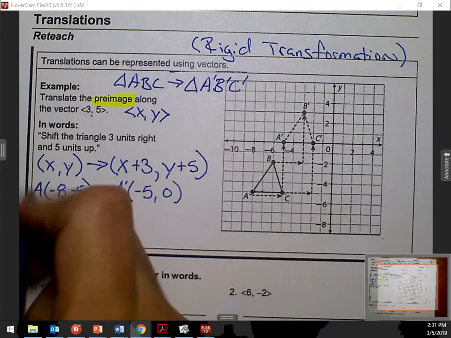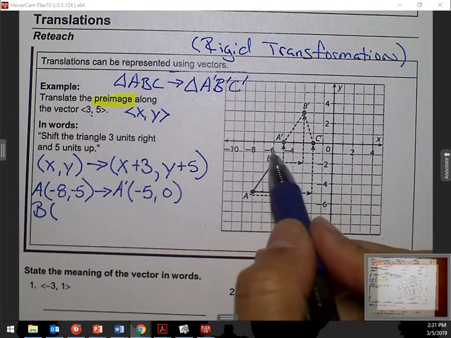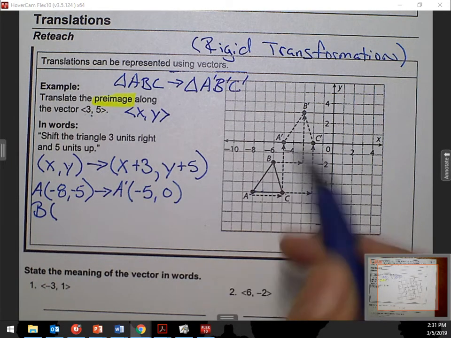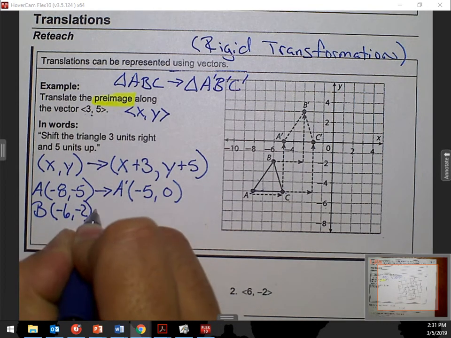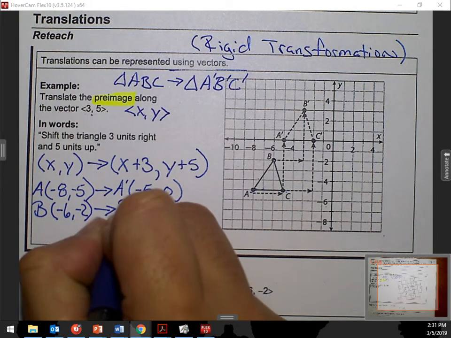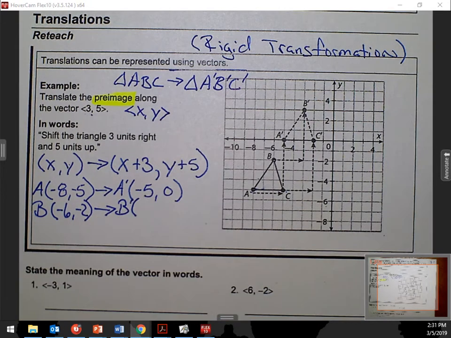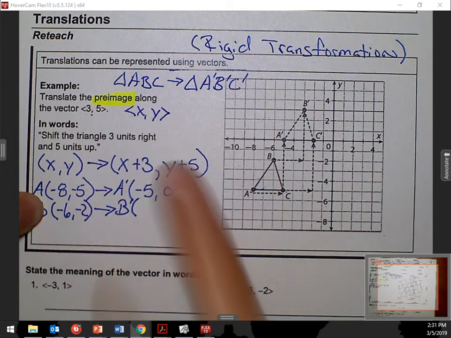Let's do B. So B is located at negative 6, negative 2. What am I going to call the transformation? B prime. So, add 3, so what am I going to get?